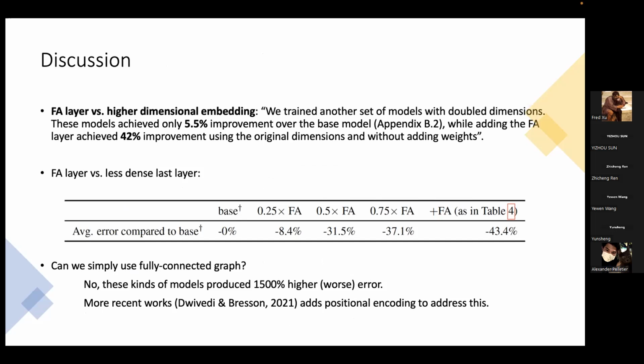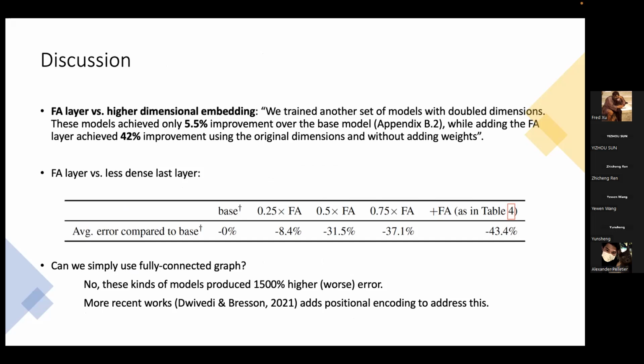So naturally there are some discussions, because of the information bottleneck we talked about earlier, it could be that you can increase the dimensionality of the node embedding rather than modifying the graph structure. So is modifying the graph structure really necessary?